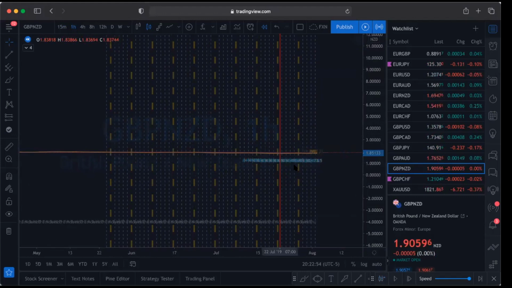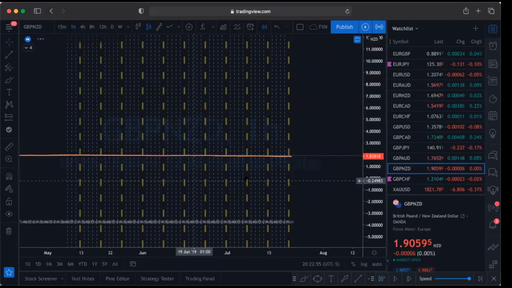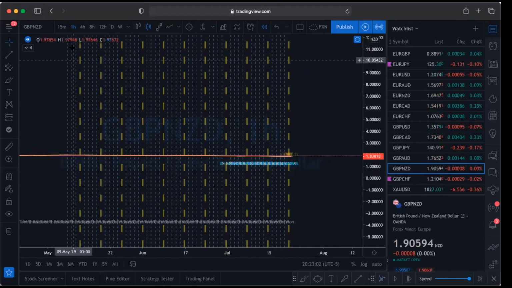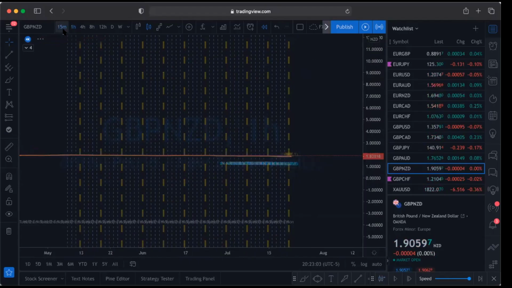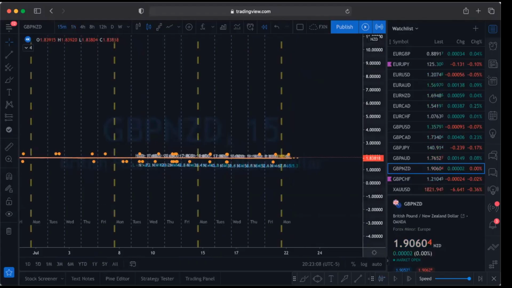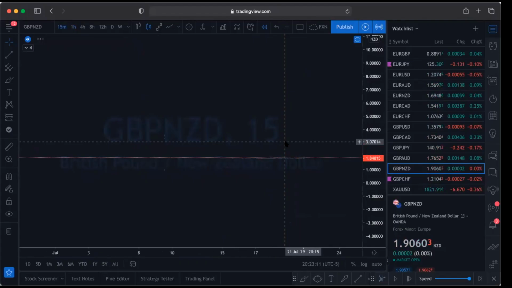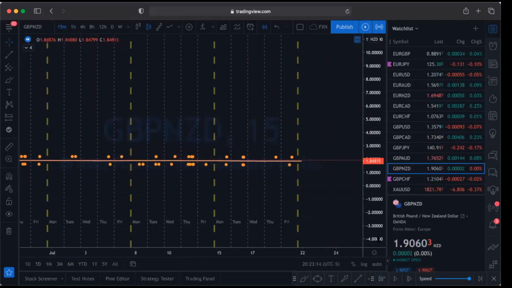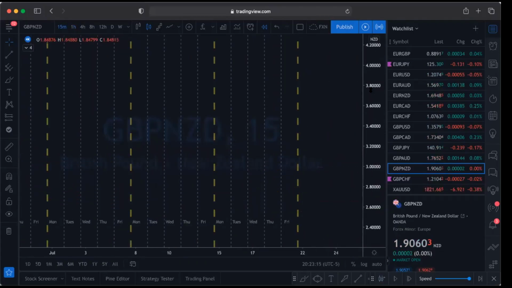So before, obviously, we would have more of a true range of how the market really would move. So yeah, that's why.